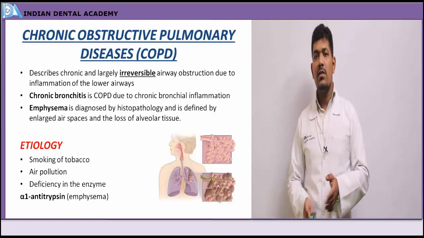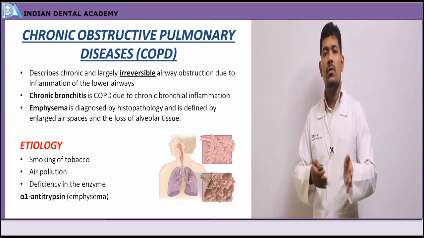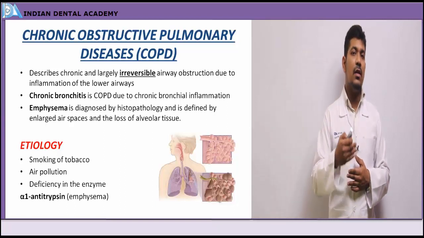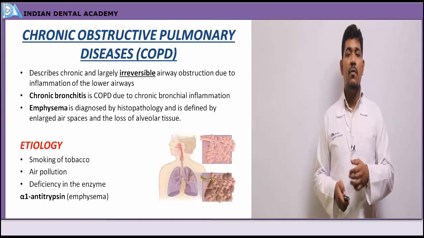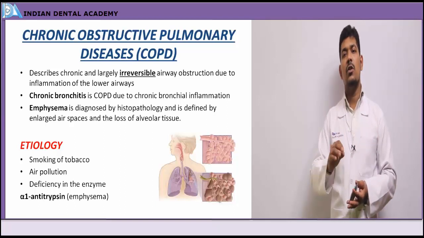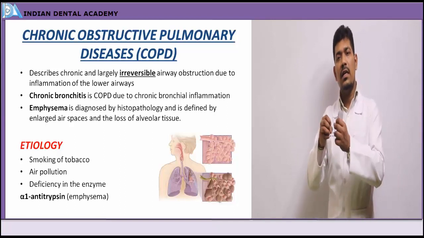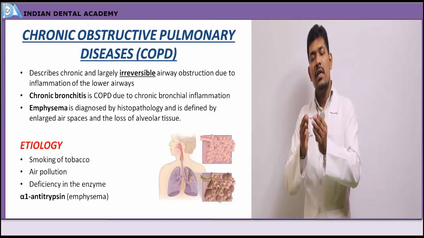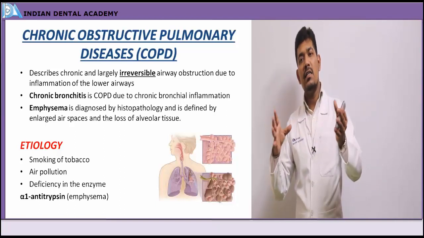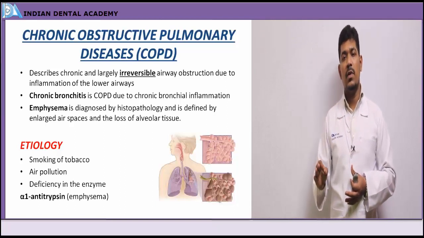Basically, chronic bronchitis is COPD affecting the bronchi and bronchioles, and emphysema is basically a histopathological diagnosis wherein there is enlargement of alveolar spaces primarily due to the destruction of alveolar walls. So the small minute alveolar spaces get destroyed, the inner walls get destroyed, and there are gradually fewer and larger alveolar spaces, which decreases the surface area of respiration.